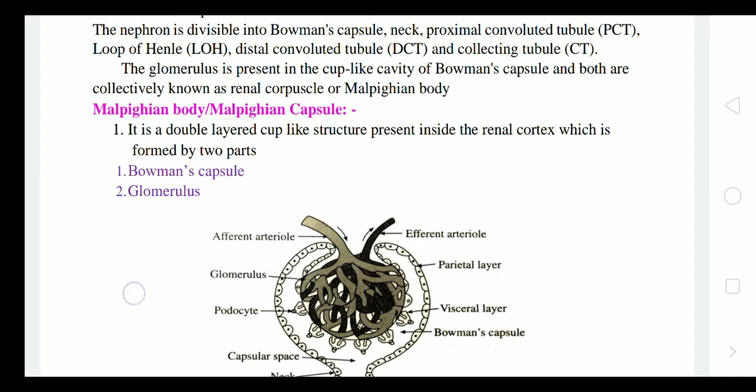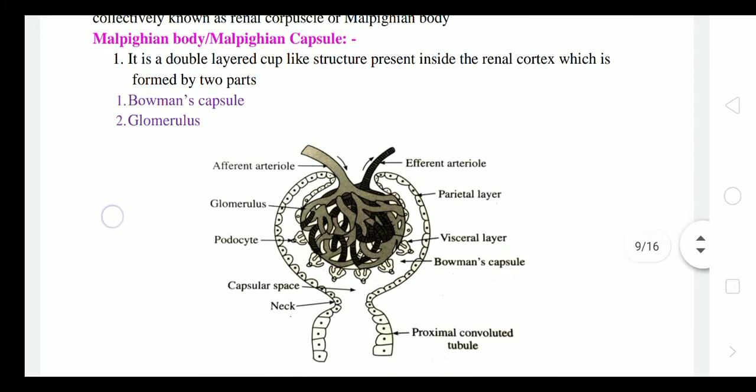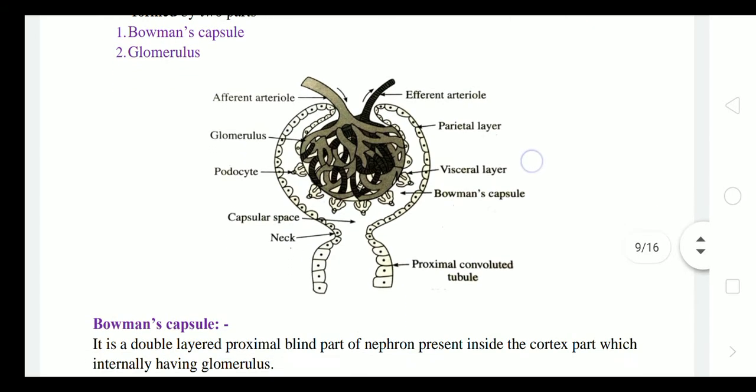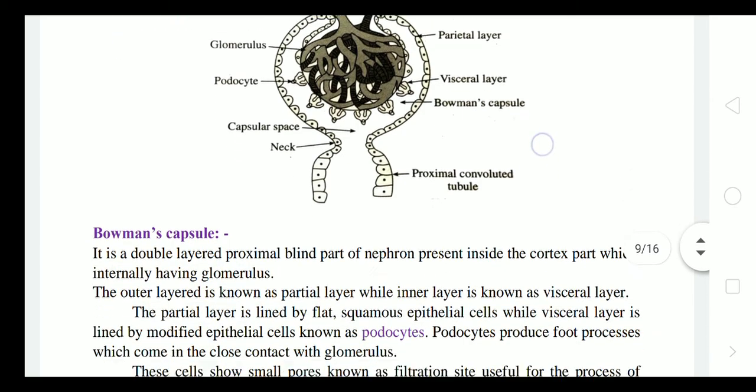So the Malpighian body or Malpighian capsule that we are going to study is a double layered cup-like structure present inside the renal cortex, which is formed by two parts, Bowman's capsule and glomerulus.